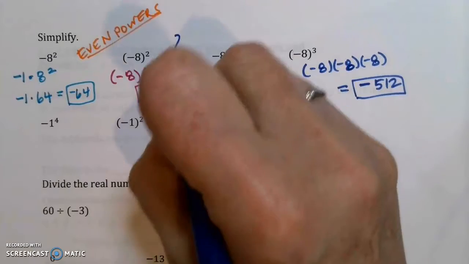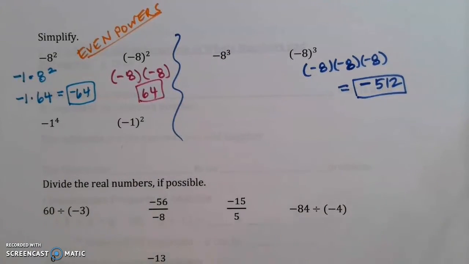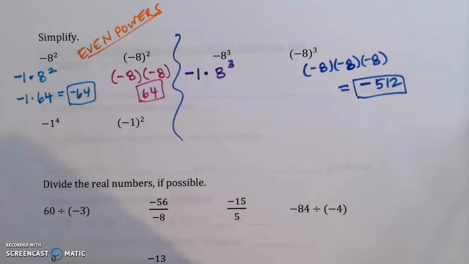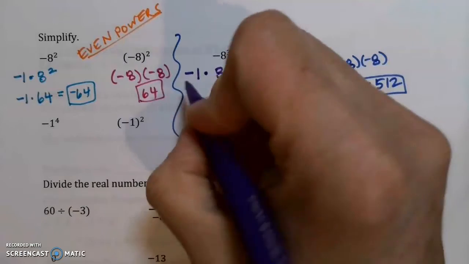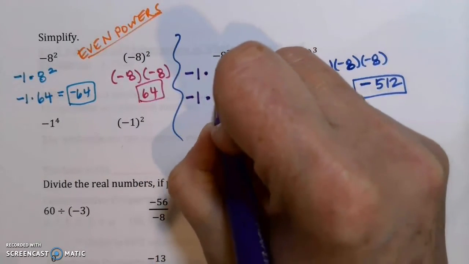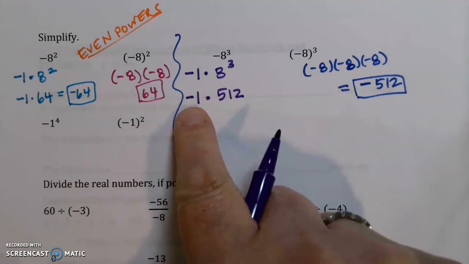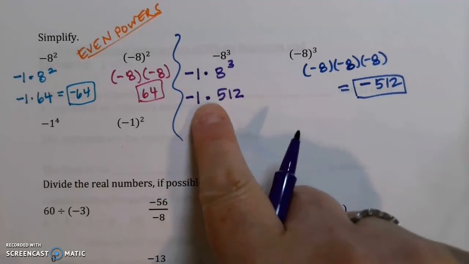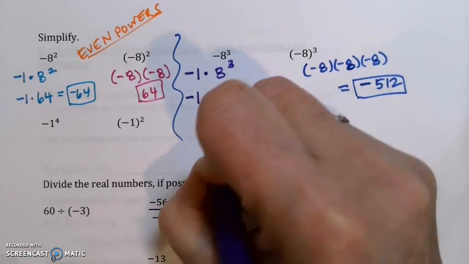Now, if we look at the one that does not have the parentheses, so remember we're going to think about that as -1 times that 8 cubed and take care of that exponent first and then multiply by the -1. So I have -1 times 512, but I still have an odd number of negative signs. I've only got 1 here. I had 3 over here, but I only have 1 here. It still gives me a negative 512.